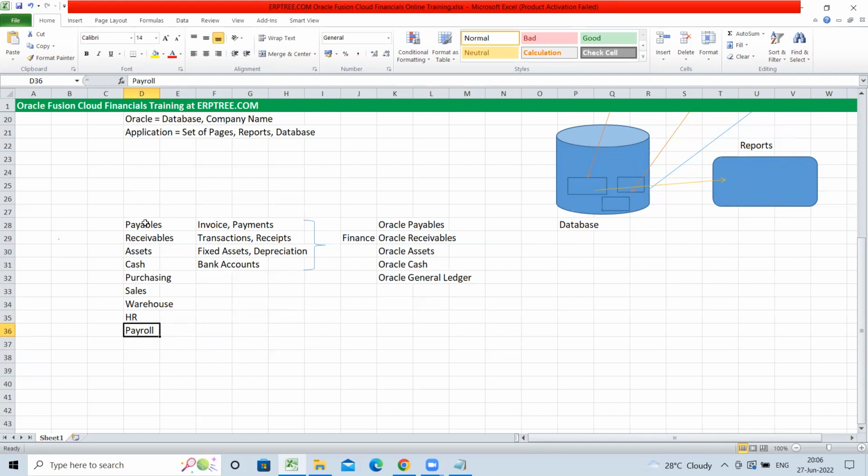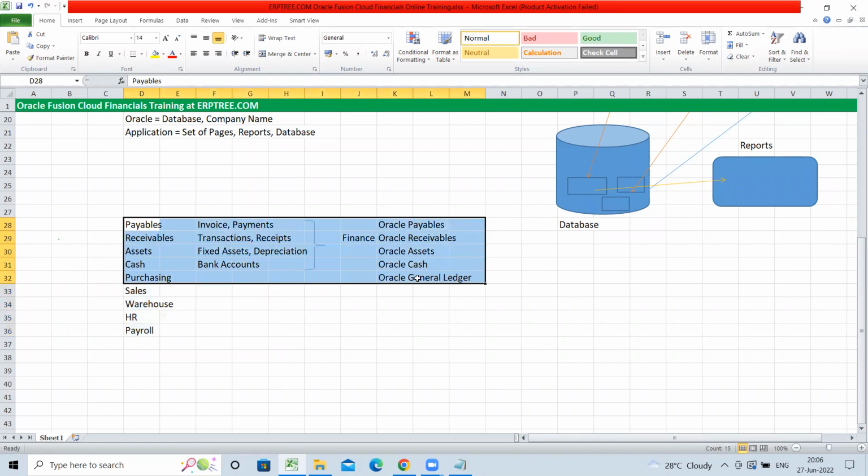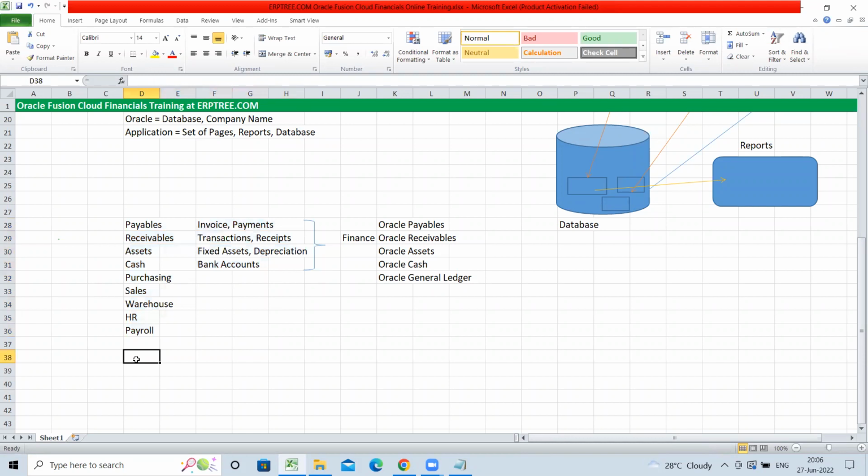The set of applications involved in a relevant business process, Oracle groups, and we call those product families. So the finance related applications are the financials applications, one of the product families.